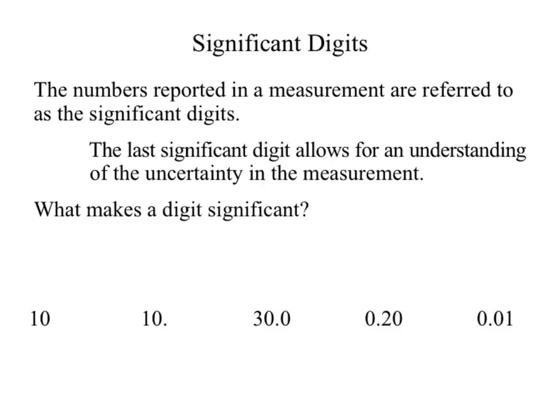Okay, so what makes a digit significant? Okay, so if we've got all those numbers down at the bottom, what we want to do is classify each of those according to how many significant digits are in each of those numbers. Okay, and we'll attempt to do this as group work here. Significant digits in the first number. Second number. Third number. Fourth. Last.